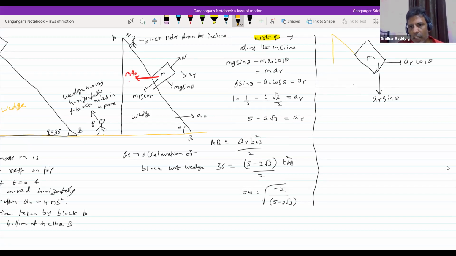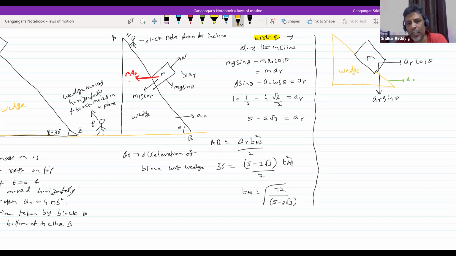The wedge I'll show in yellow color so that you do not get confused by the lines. What is the acceleration of the wedge? Acceleration of the wedge is A naught, no? Look at this. This is something very important. Like next week, in the numericals, it's going to help you a lot. That's why you better have an idea of this one now only.